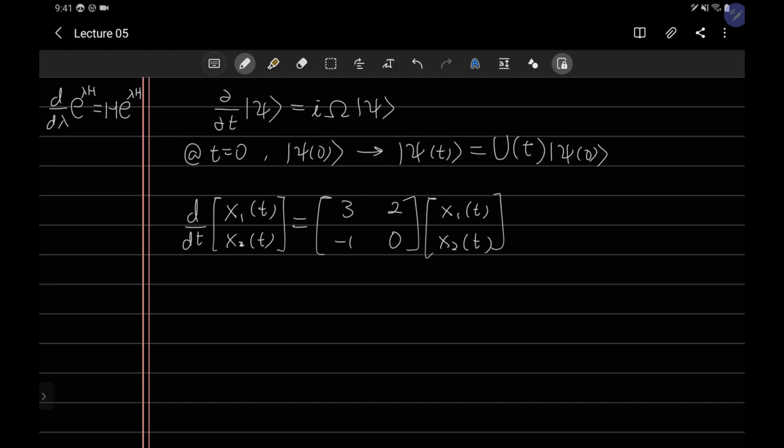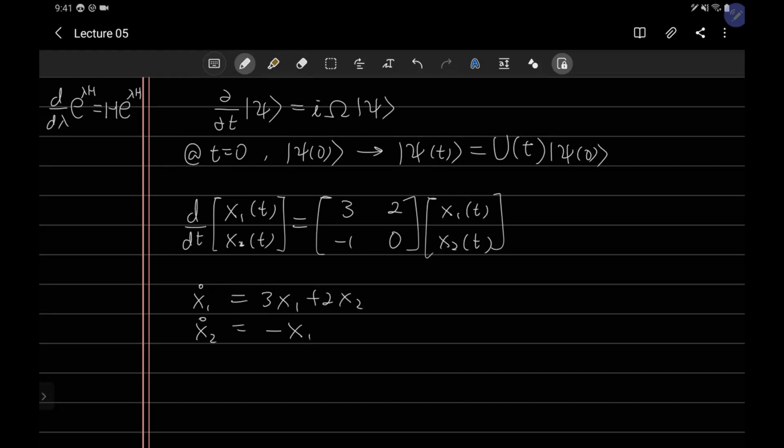Well, if you don't think about the original Schrodinger equation form, and you are just asked to solve this problem, probably the simplest approach is to start with it, and let me not write the t part because it is implicit. Then the time derivative of x1 is x1 plus 2x2, and the time derivative of x2 is minus x1.